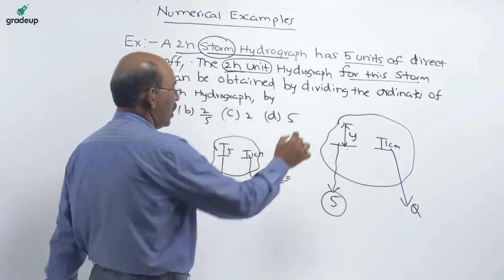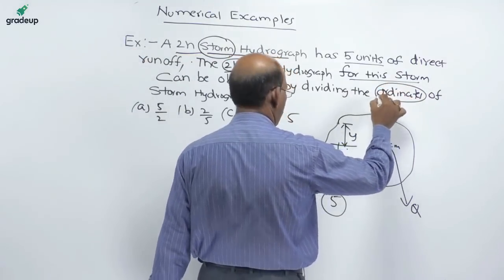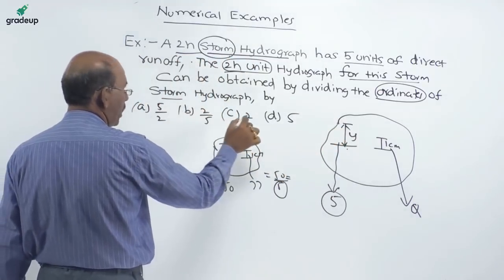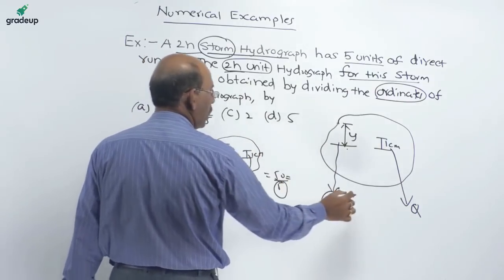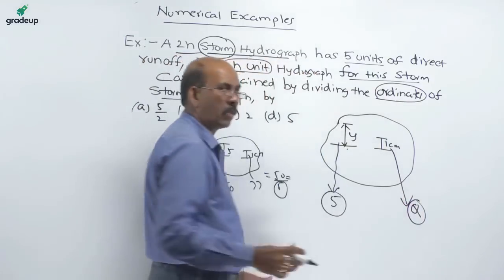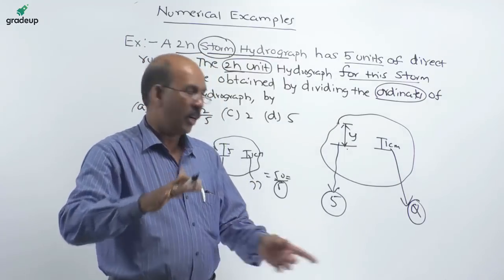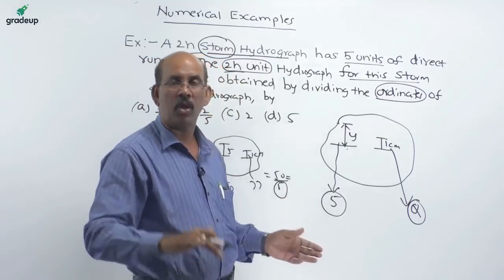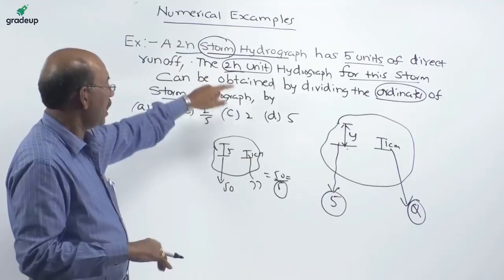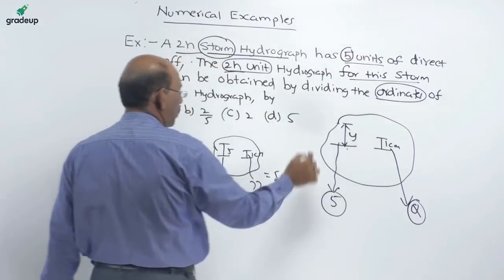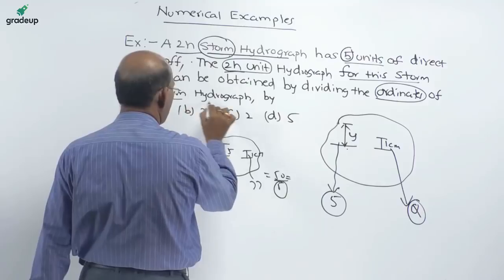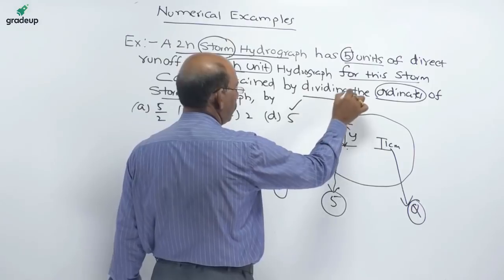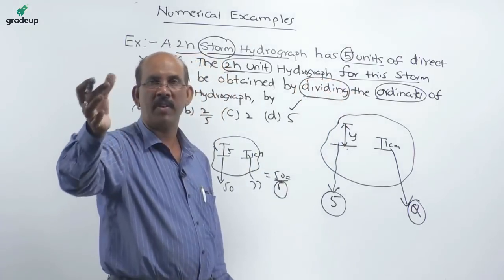You should divide the ordinates by this particular depth. So the ordinates of the storm hydrograph are divided by 5.